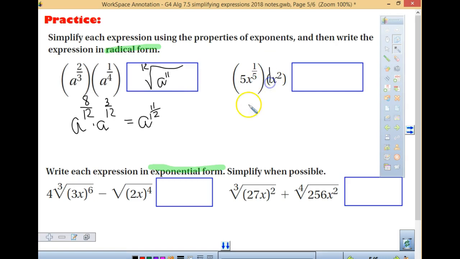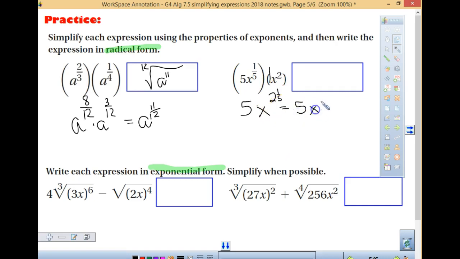There's a 1 in front of this x squared. That's just 5, right? I have x to the 1/5 and x to the 2nd. We're adding those together. Someone said, if you remember on the one test where I marked it wrong, if you had 2 and 1/5, we don't write that as a mixed number. But 2 and 1/5 is going to be how many fifths?